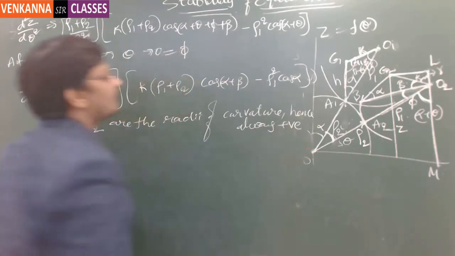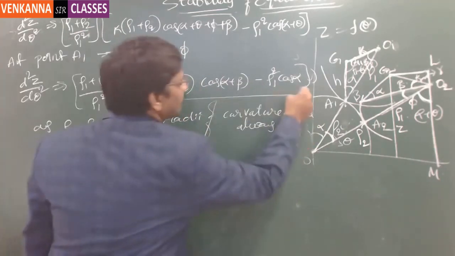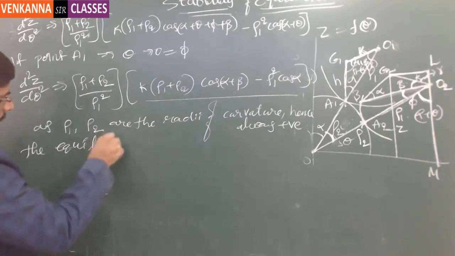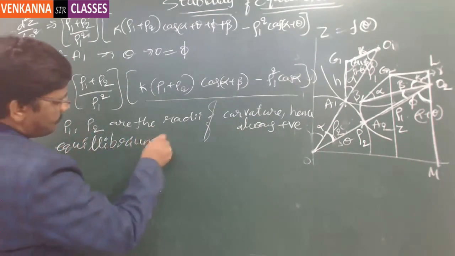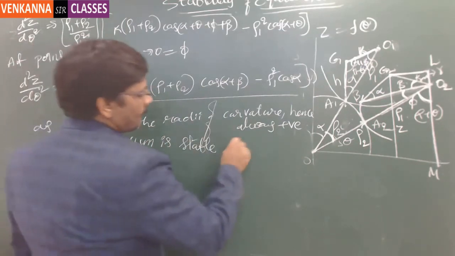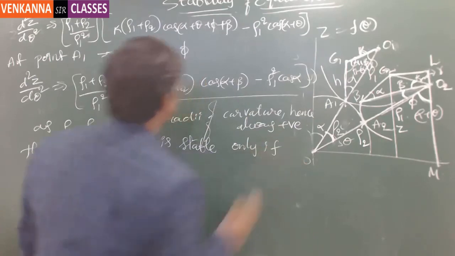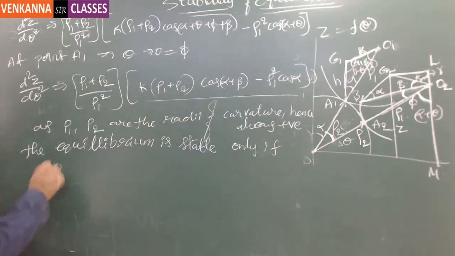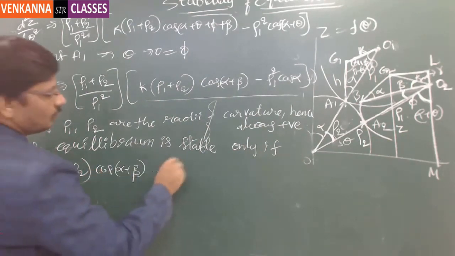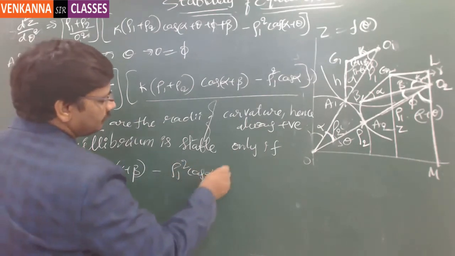So if it is always positive, then this part is the deciding factor to have the Z min or Z max. So the equilibrium is stable only if k times (ρ1 + ρ2) cos(α + β) minus ρ1 squared cos α is greater than 0.